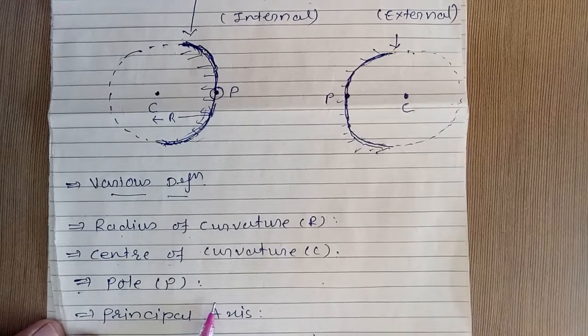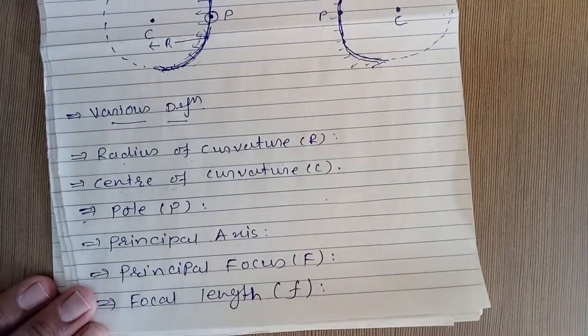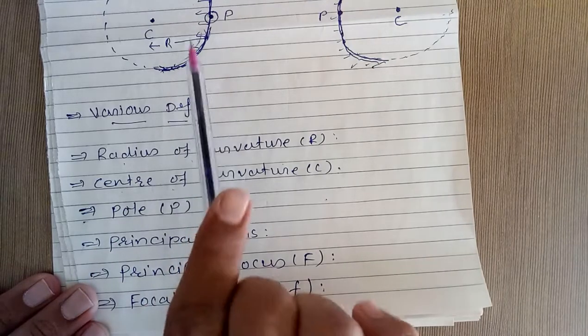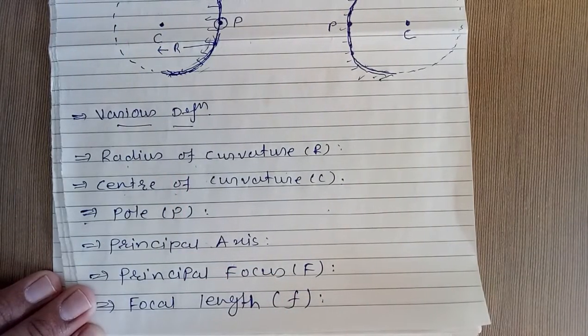Now, principal axis. What is principal axis? The imaginary line passing through the pole P and the center of curvature is known as the principal axis.